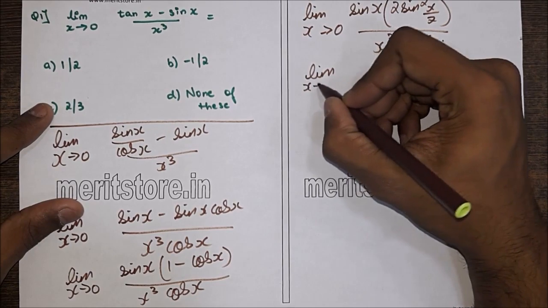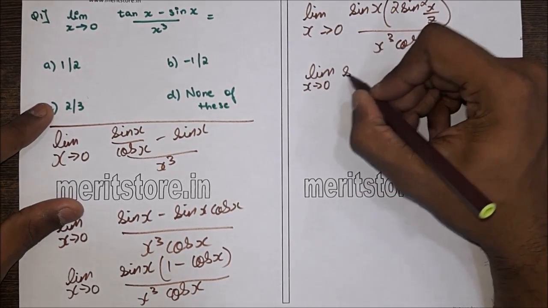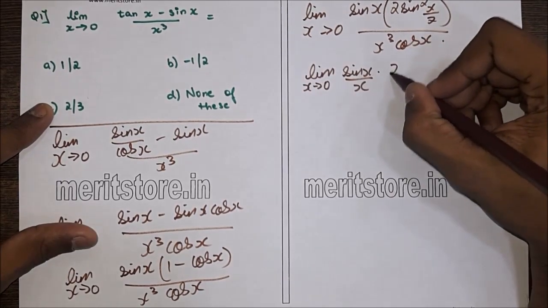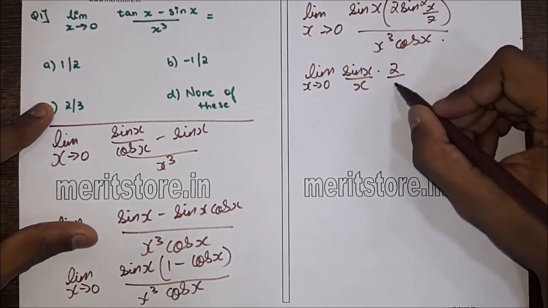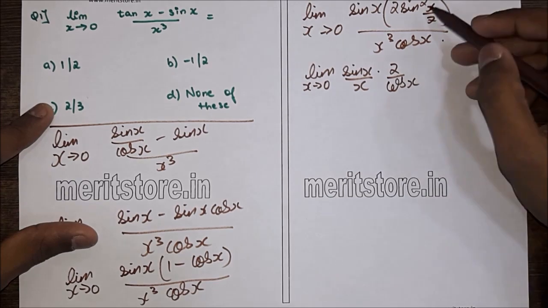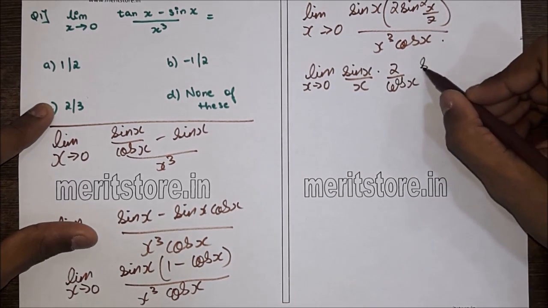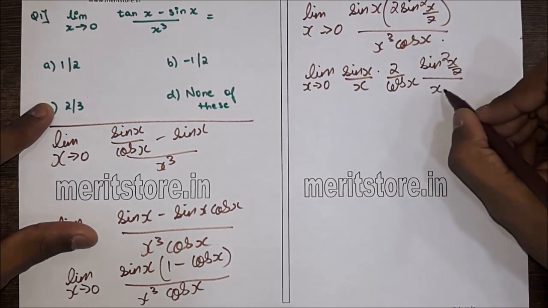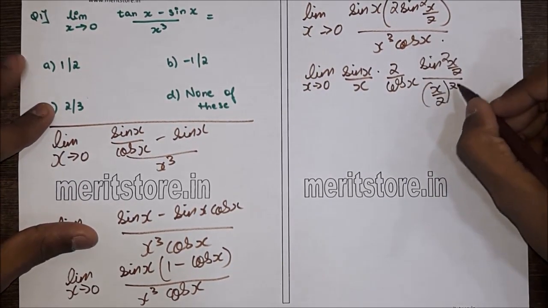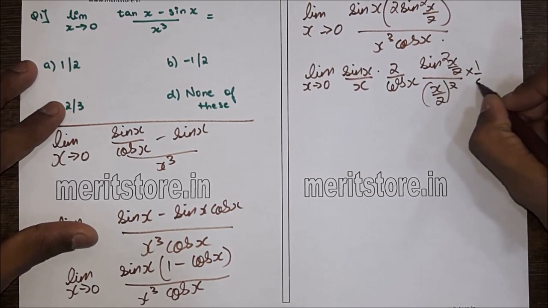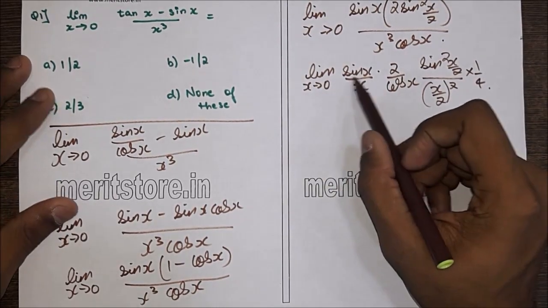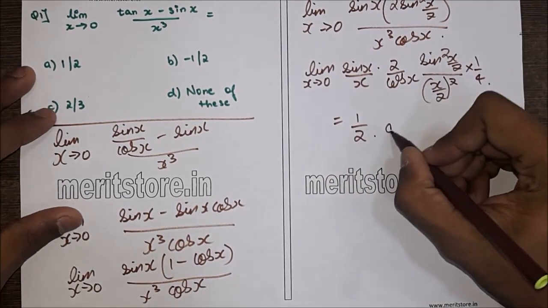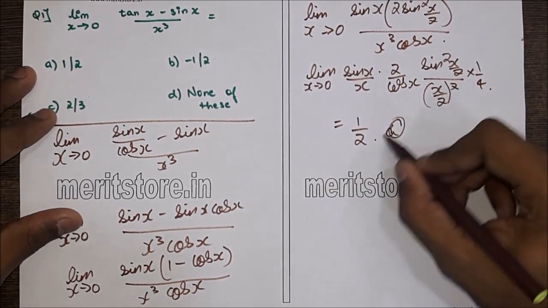So we could write limit of x tends to 0, sin x by x into 2 by cos x and sin square x by 2 upon (x by 2) the whole square into 1 by 4. Now applying limit to each of these terms individually, we get 1 by 2, which is option A.